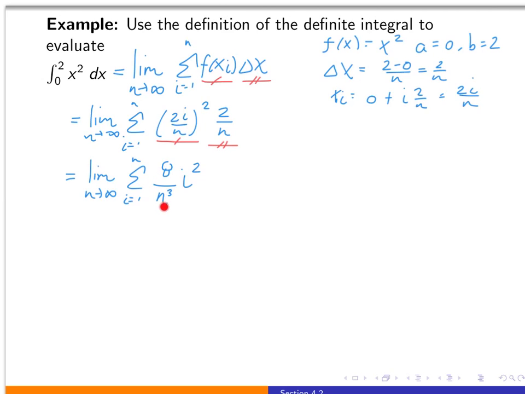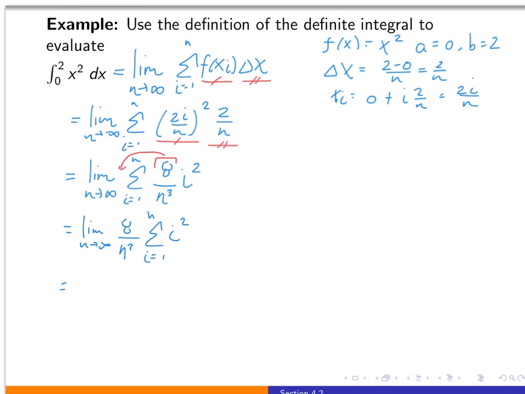anything that does not involve an i, say the 8 over n cubed, that's a constant, and we can pull that in front of our sum. So we can write this as the limit as n goes to infinity of 8 over n cubed times the sum from i equals 1 to n of i squared.